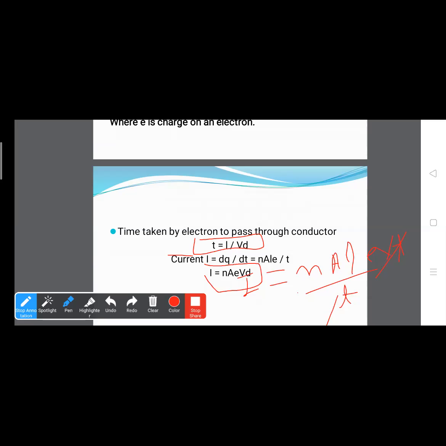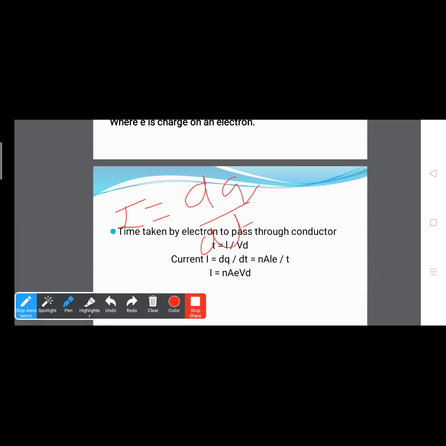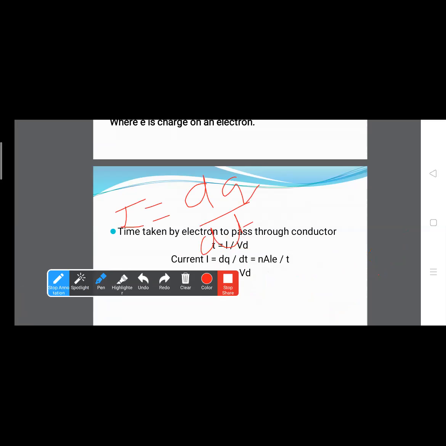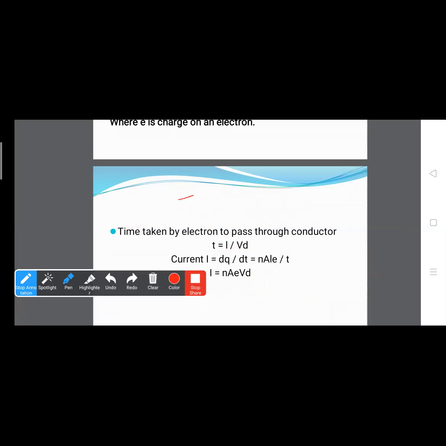Now let us do this again. I is dq over dt. So dq is given by nALe and dt is given by L upon Vd.